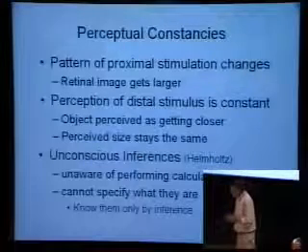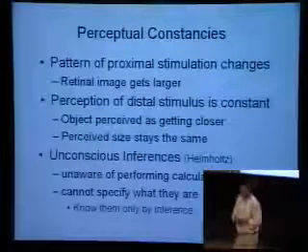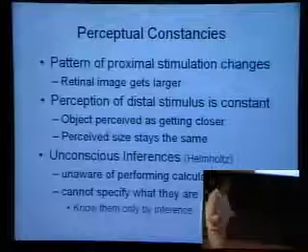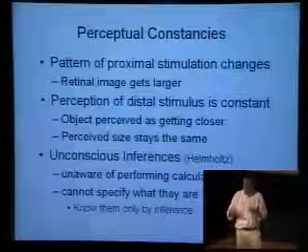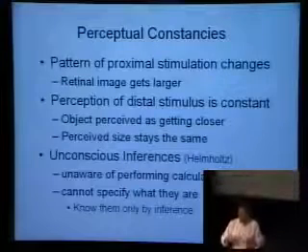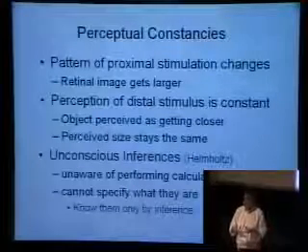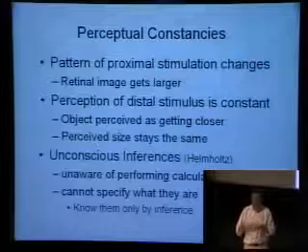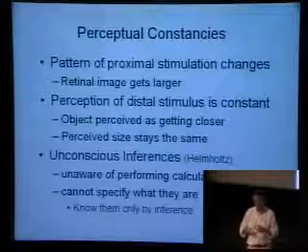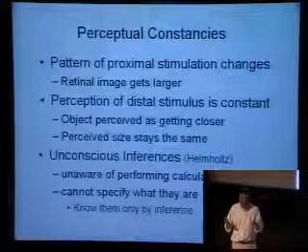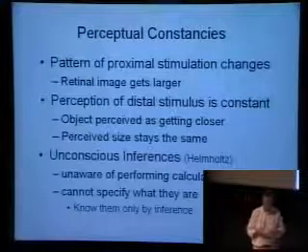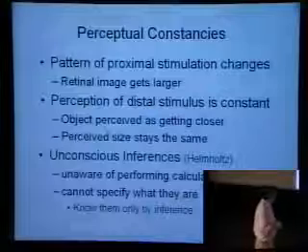The 19th century German psychologist von Helmholtz worried about this problem, and he said, it's as if the perceptual system is making inferences about the size and the distance of the object, performing certain kinds of calculations, but you're not aware of these calculations as you're performing them. They're being performed unconsciously.